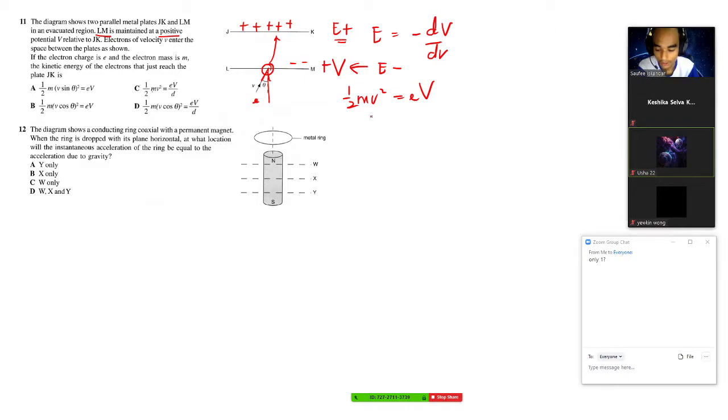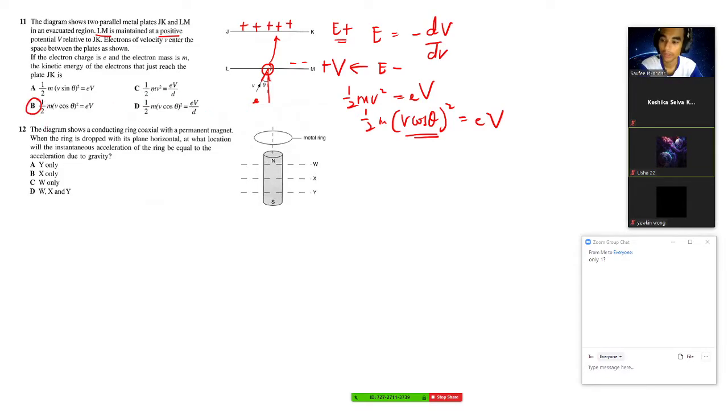We have to count from half m, where v equals v cos theta, because theta is the angle perpendicular to JK. So equals eV. This side, v cos theta, is really the straight line going to JK. So the answer will be B over here.